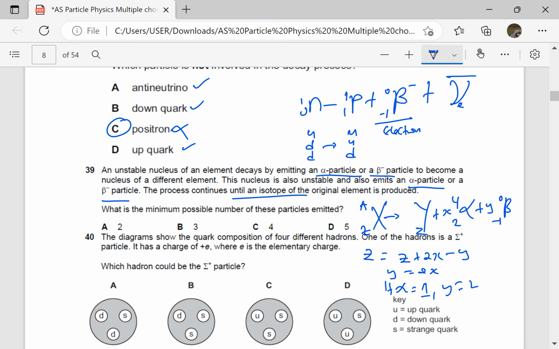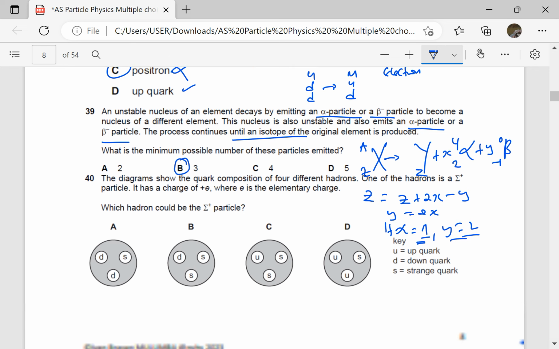If x is equal to 2, it means the y particles are going to be 4. That means 2 plus 4 will be 6, and 6 is none of the answers here. So the smallest number is going to be 3 particles involved, that is 1 alpha particle and 2 beta particles. So the answer is going to be 3.